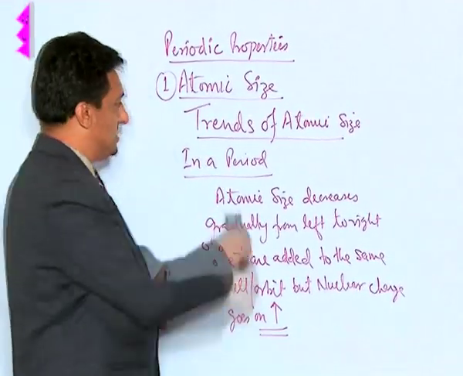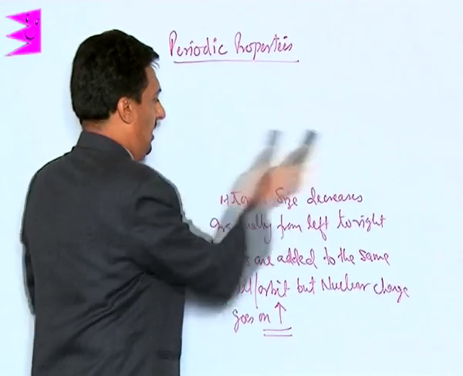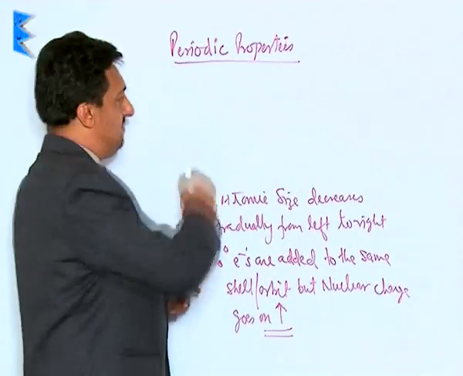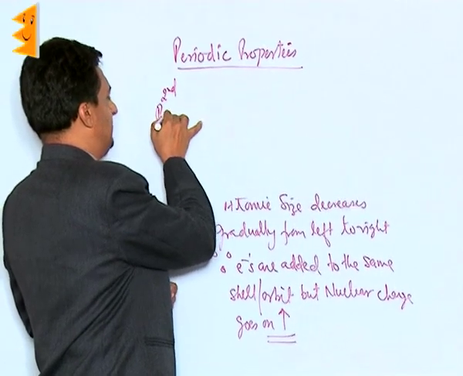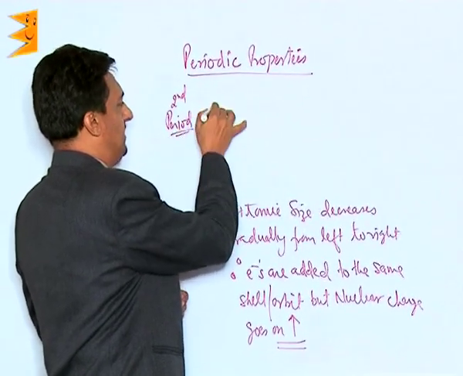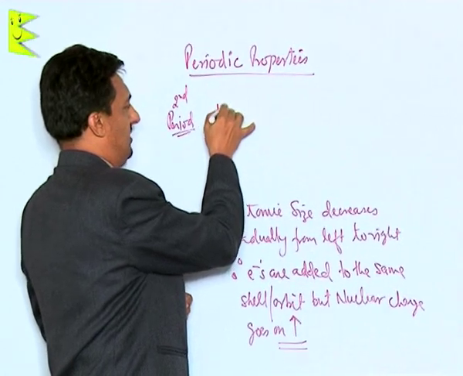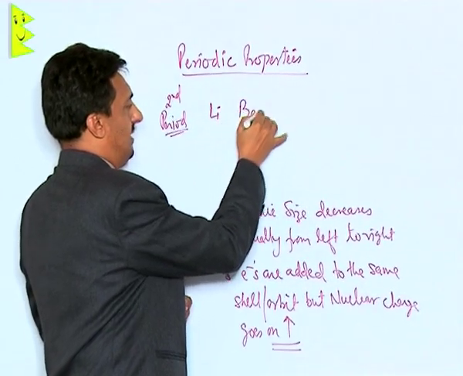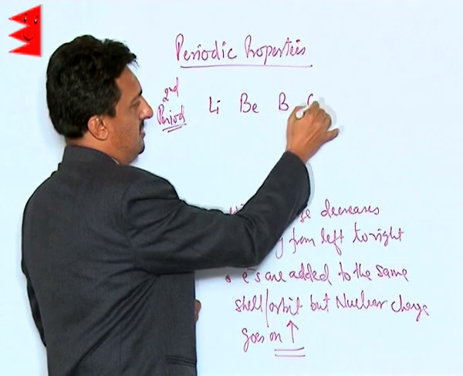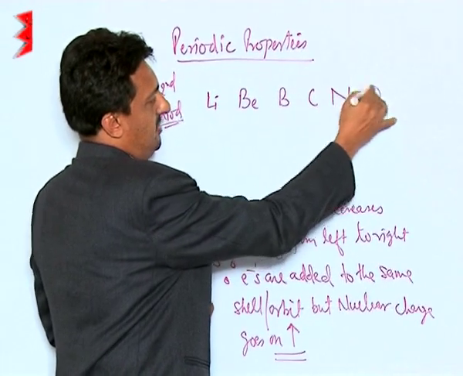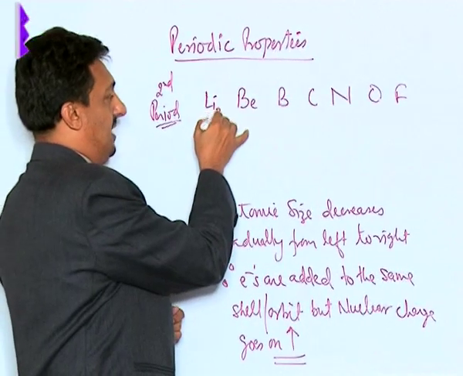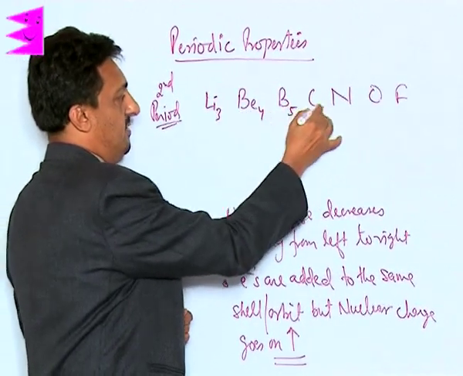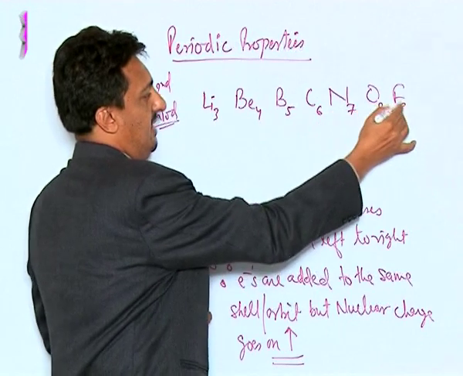I can explain this with an example of the elements of the second period. If we take elements of the second period, like lithium, beryllium, boron, carbon, nitrogen, oxygen, fluorine, their atomic numbers are 3, 4, 5, 6, 7, 8 and 9.